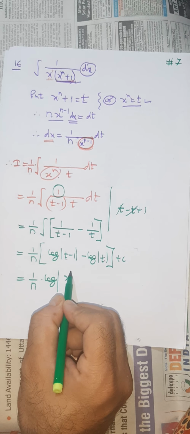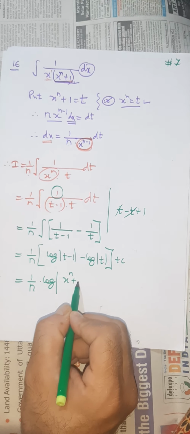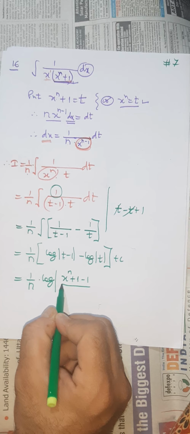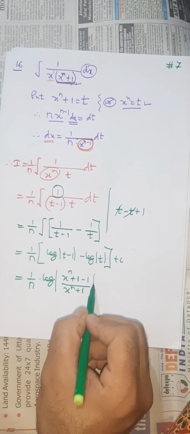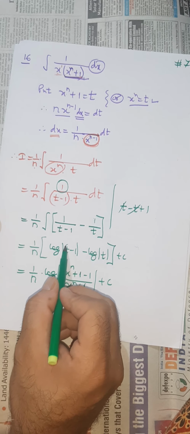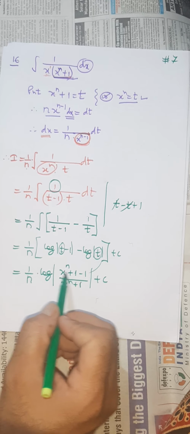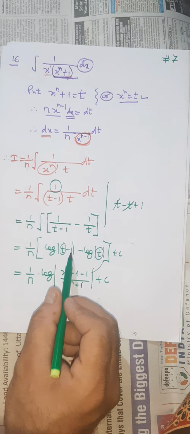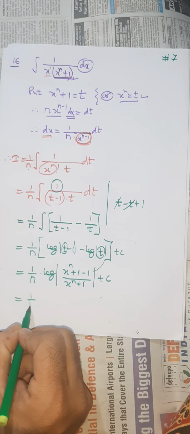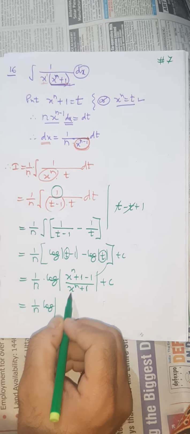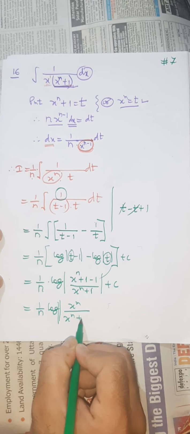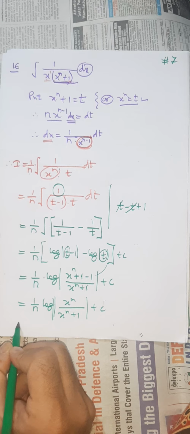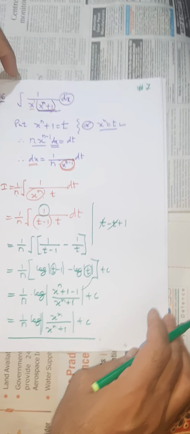That is x raised to n plus 1, so x raised to n plus 1 minus 1 upon x raised to n plus 1, plus c. What I did, I've just placed the value of t, remember, and used the property. So finally, 1 upon n log of mod of x raised to n upon x raised to n plus 1, plus c. This is the final integral.